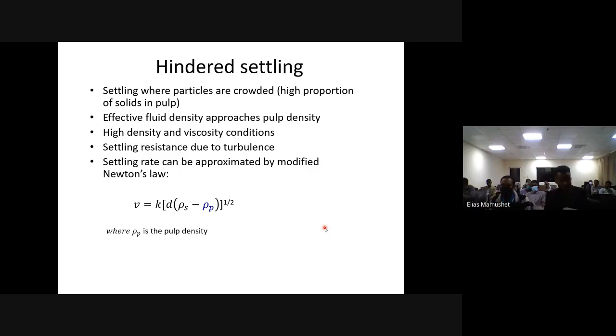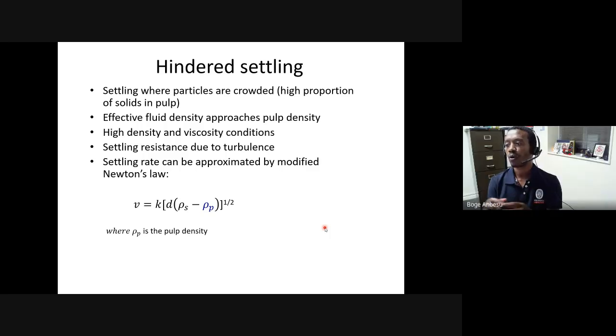Okay, so when that is the case, then you have what we call a hindered settling condition. In this case, particle to particle interaction is very high. There's interaction between the particles, and therefore particles don't settle very quickly because particles collide with one another. They prevent one another from settling. Okay, so that's very important.